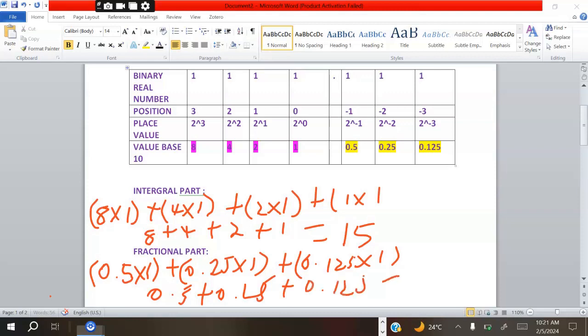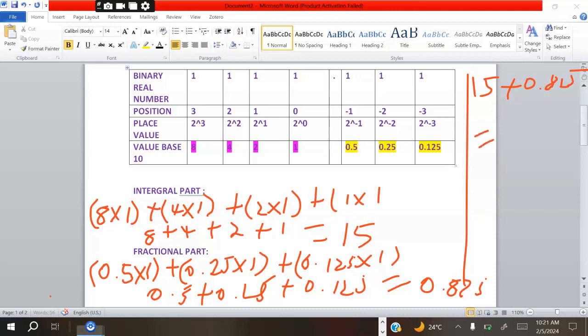I hope that you are following up. So when you add this, it's supposed to give us 0.875. Okay, now on the other part, take the integral part, that is 15 plus 0.875.